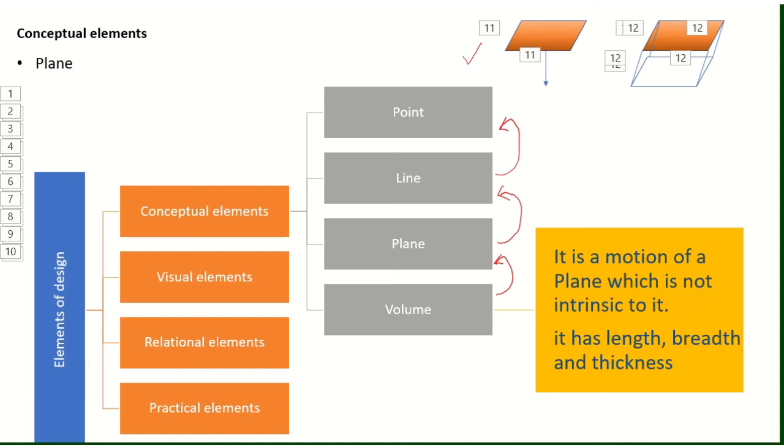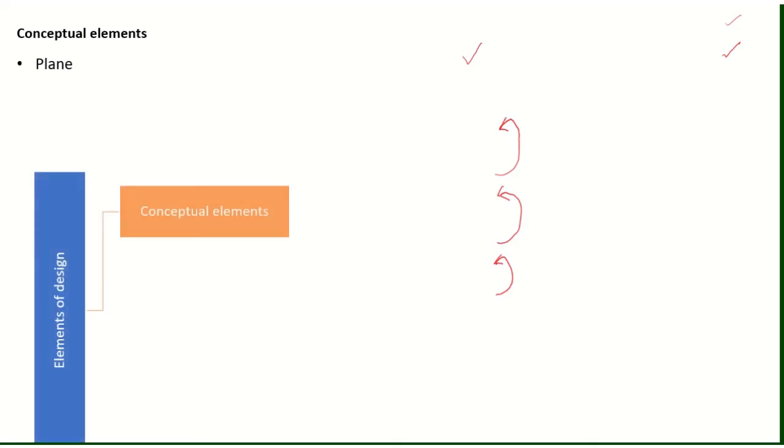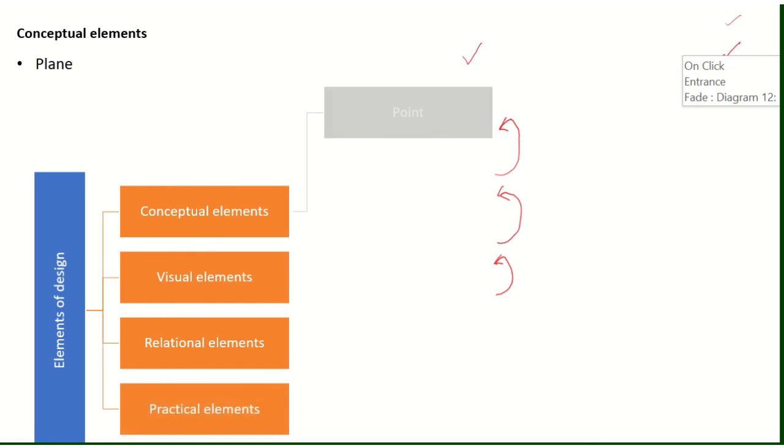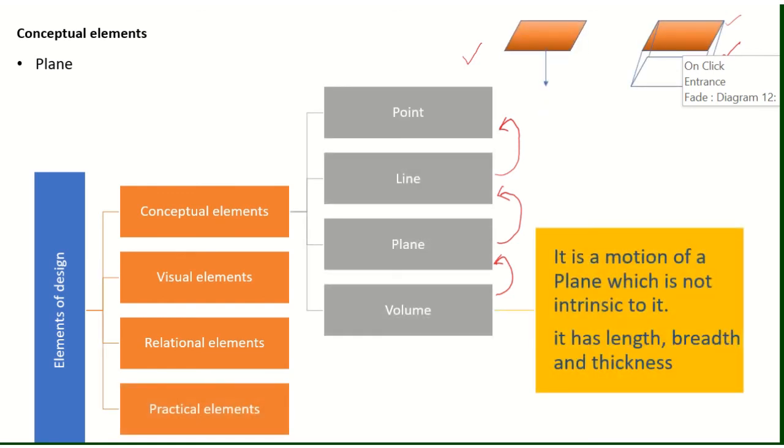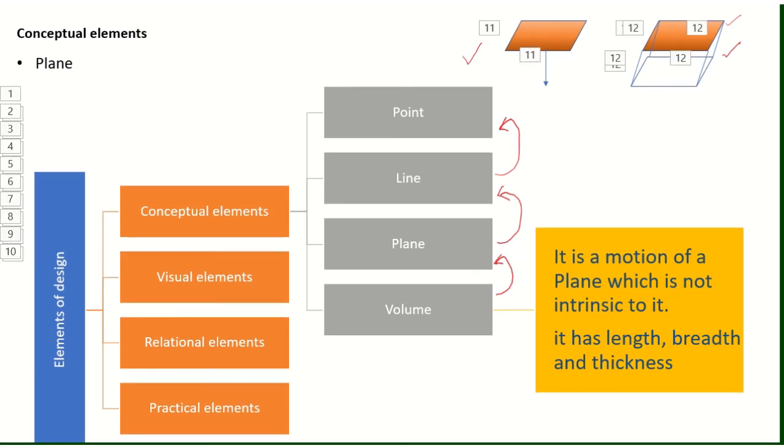When the plane is in motion, two planes are formed. The amount by which the plane moves, the distance between them, is called thickness.